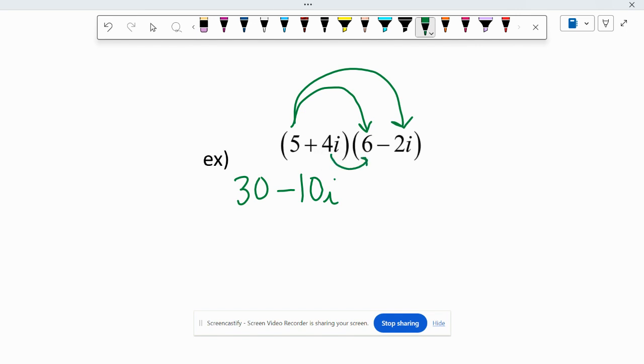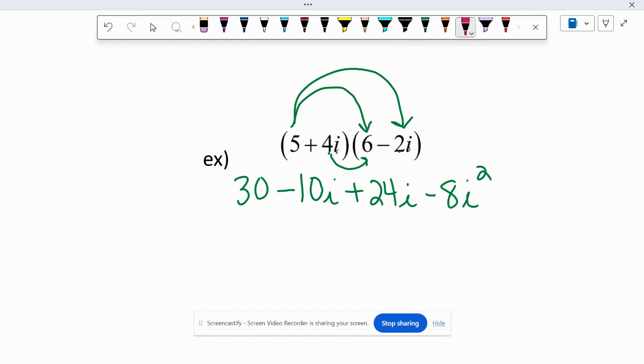Positive 4 times 6 is what? What's 4 times 6? And the i goes along for the ride. It's just like 4x or 2x, right? So positive 24i. Positive 4 times negative 2 is negative 8. i times i is i squared.